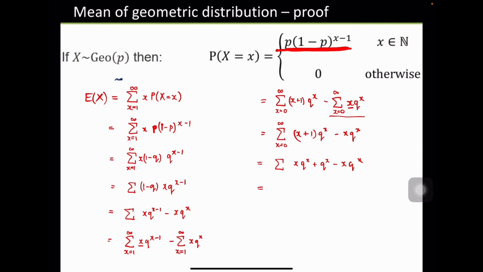Now, as you can see, these two cancel out, so we are left with q to the x, which is a geometric series.